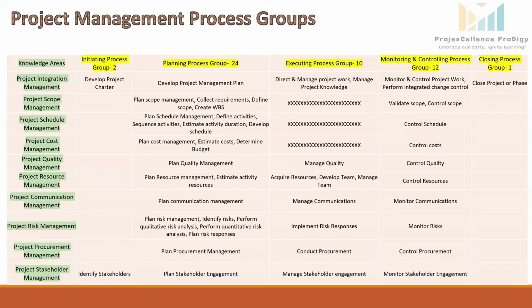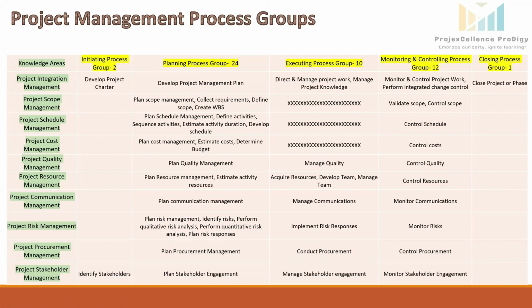This process is performed periodically throughout the project as needed. Next knowledge area is risk management, and it is very crucial to the project. Under this knowledge area in planning group, there are 5 activities: plan risk management, identify risk, perform qualitative risk analysis, perform quantitative risk analysis, plan risk response.